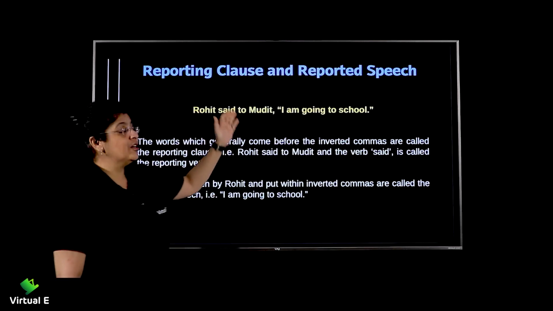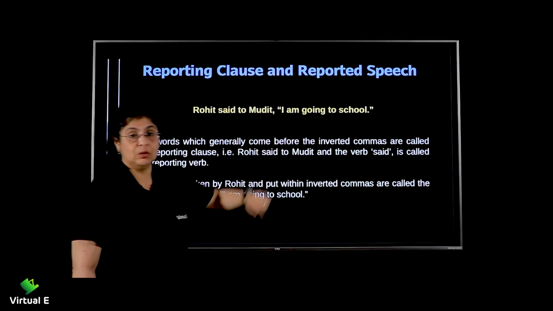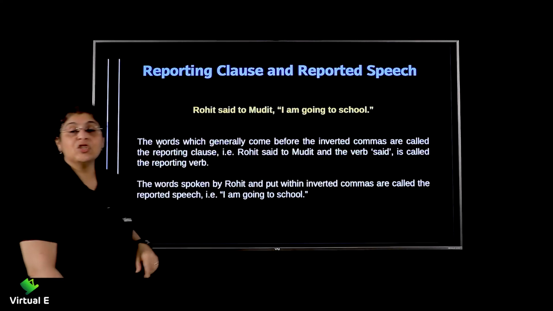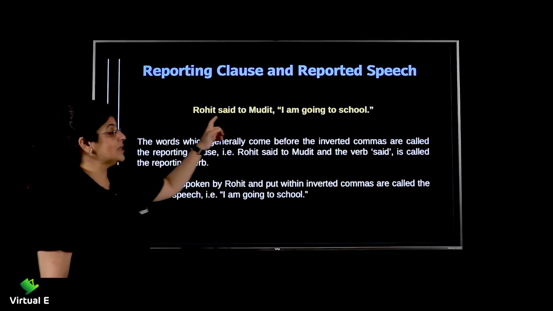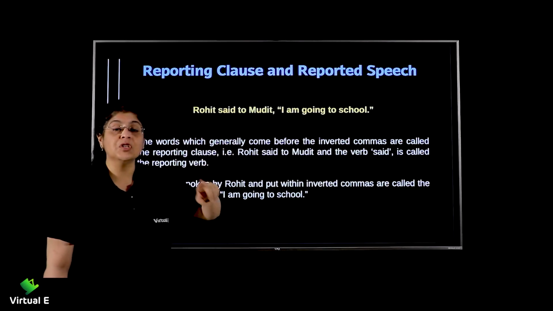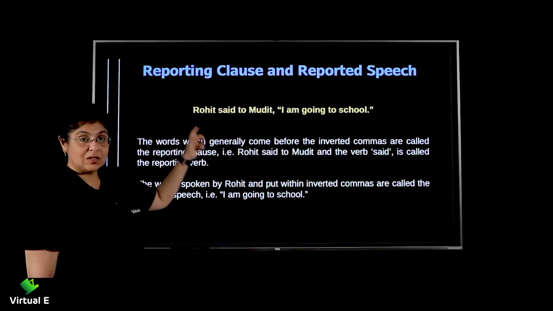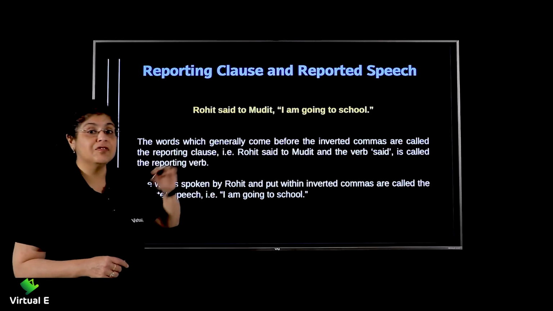Rohit said to Mudit, "I am going to school." Now, "Rohit said to Mudit" is actually your reporting clause. And "said to" is your reporting verb. Clear? Reporting clause, and "said to" is your reporting verb.